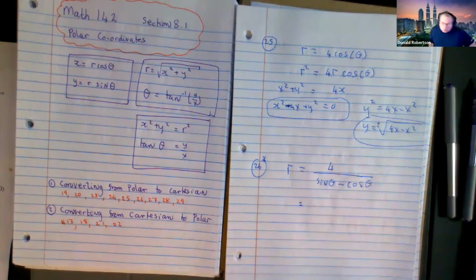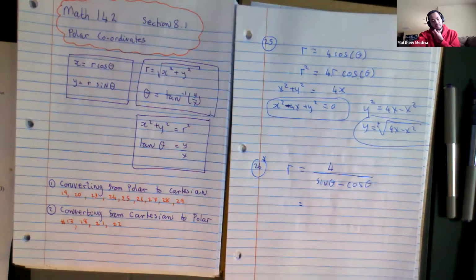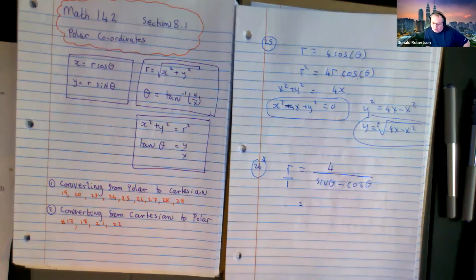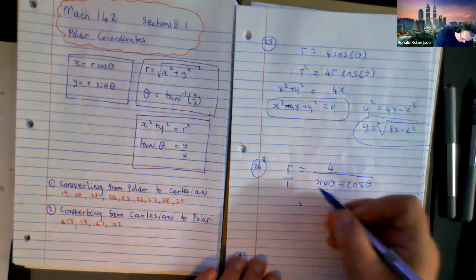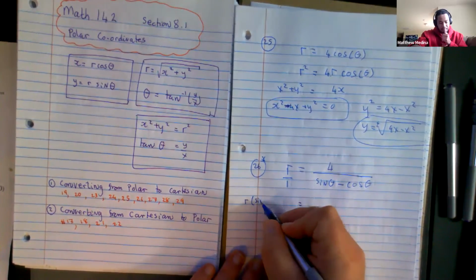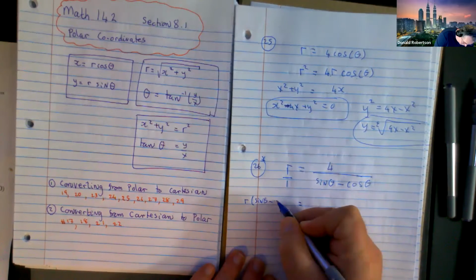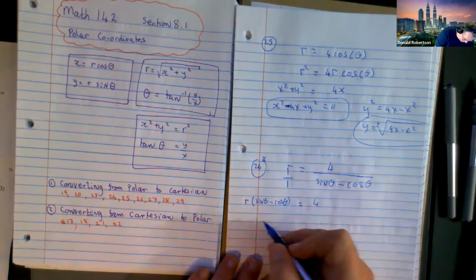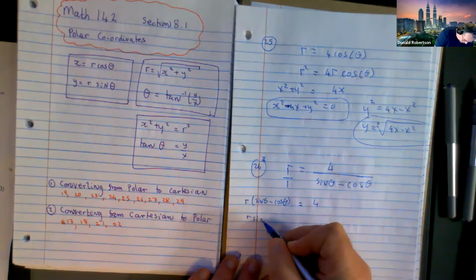Cross multiply. Yeah, if nobody got it, I was going to do that, but you got it without me even doing that. So if you go this way, you get r times the sine of theta, take away the cosine of theta, equals 4. And then you distribute the r.